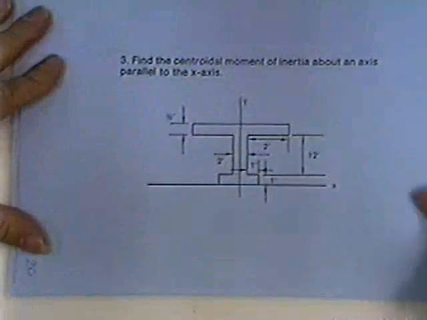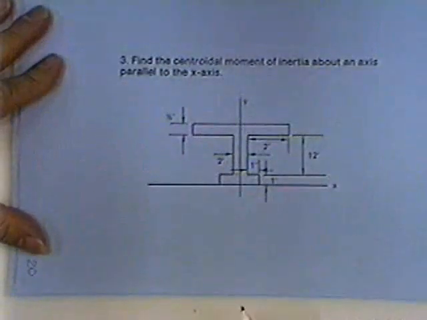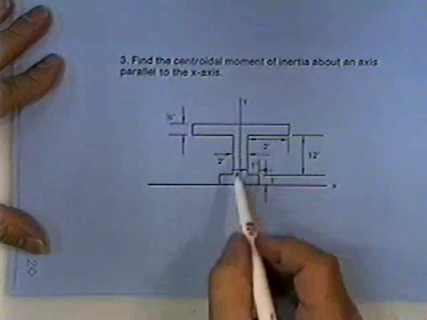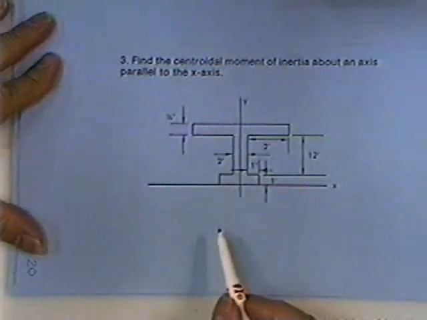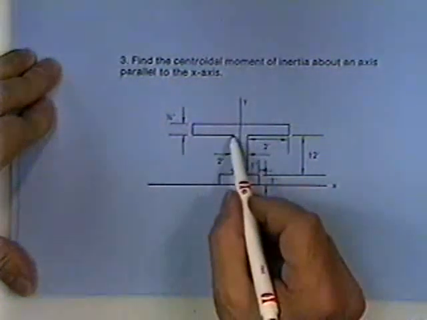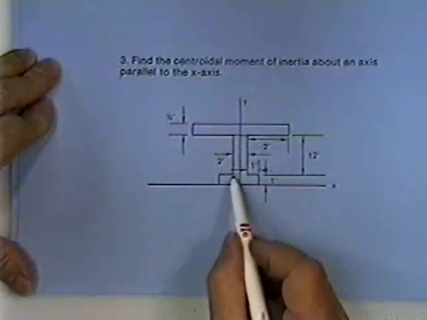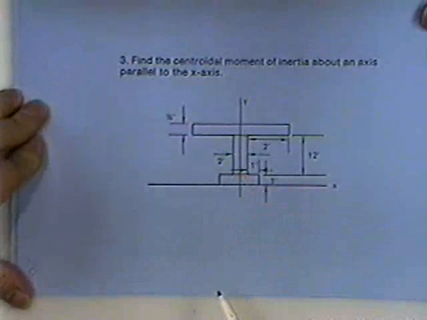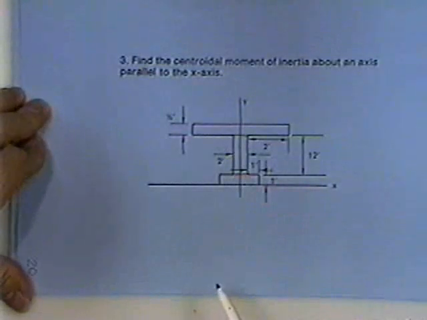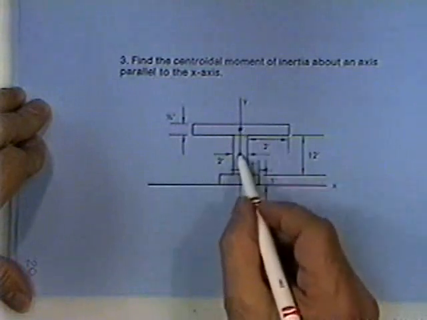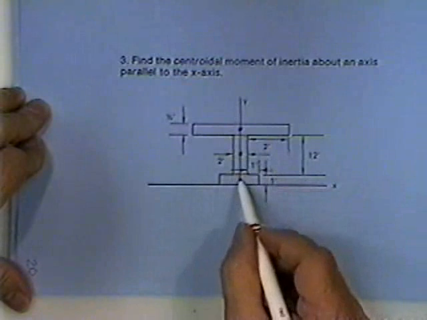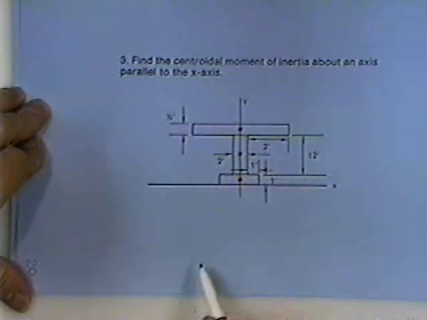Same way with page 20. Page 20, you could take it as a big solid piece and then subtract off some pieces. I think that'd be foolish. In this case, it's just too easy to cut it up into 3 little chunks. The centroids are here, here, and here.